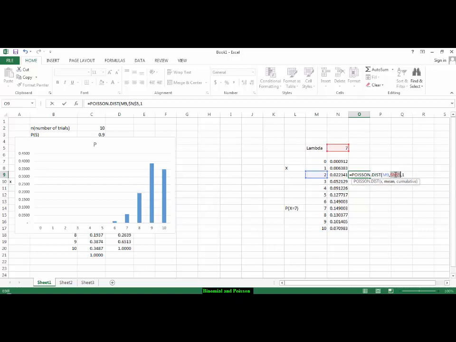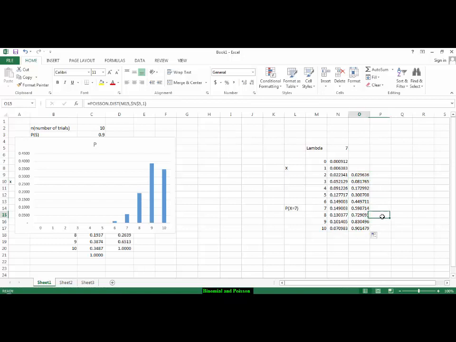And I'll just freeze this cell and hit enter. So this probability, for example, is the probability of x being less than or equal to 8. Okay? So this is how you do the calculations for the Poisson distribution.